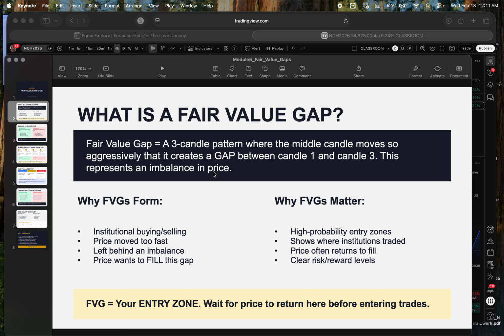So this is important. Why? Because we're talking about price moving too fast, leaving an imbalance. This causes price to want to go back and fill that imbalance.